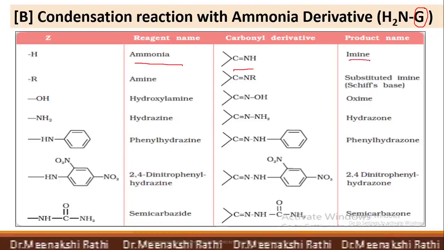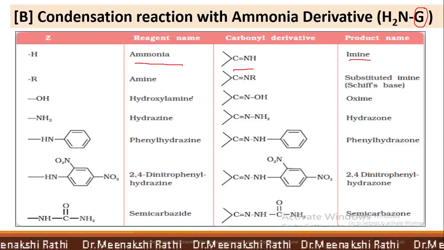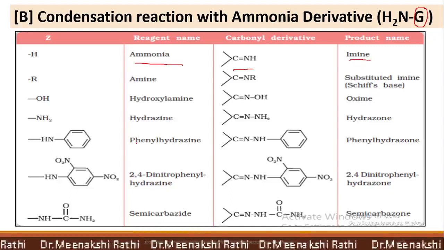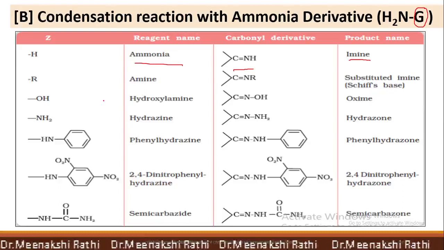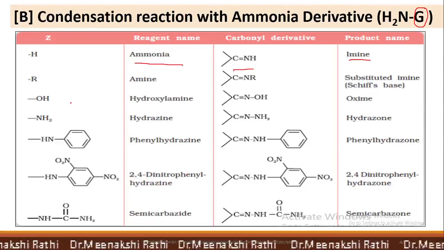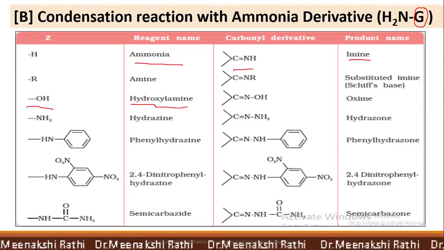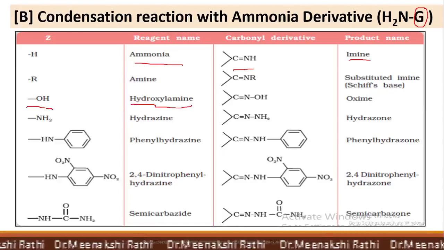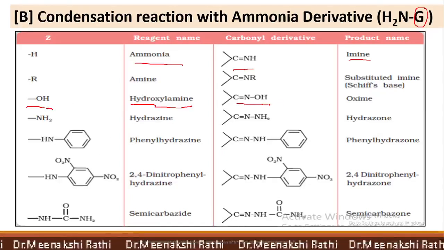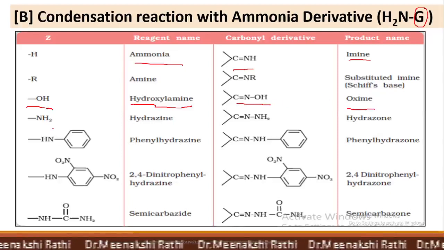And in this way, you can see here, all reactions we already discussed, it's just in tabular form. So when G is OH, it is known as hydroxylamine, and the product which is formed is an oxime.